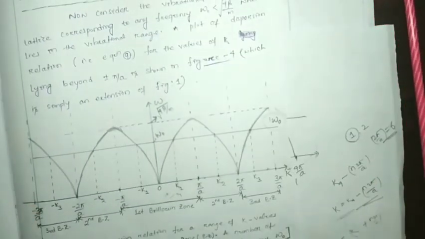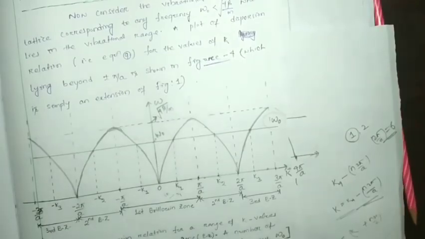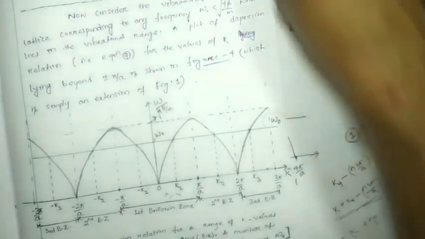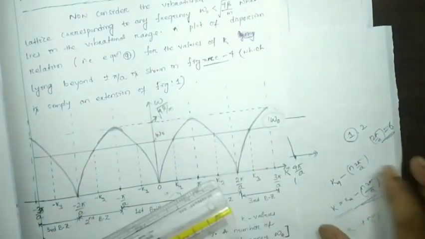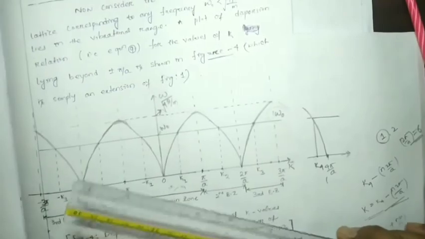Now I am going to show you one thing. You just observe how a higher zone's behavior, or k value, can be transformed to the first Brillouin zone. Wait a second. What is the length of the first Brillouin zone?